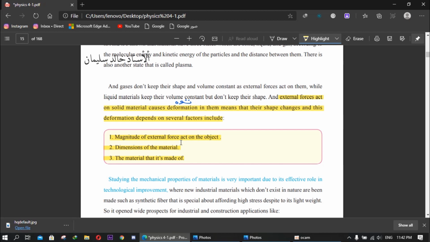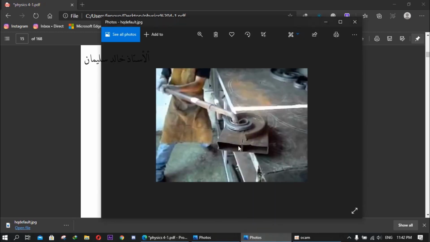This means that, for example, a strong man can bend an iron bar and a little boy cannot do that. So a bigger force can make more deformation than smaller forces.